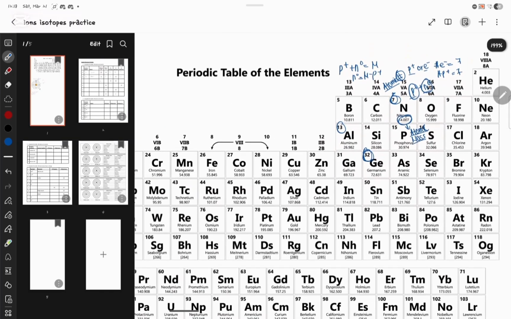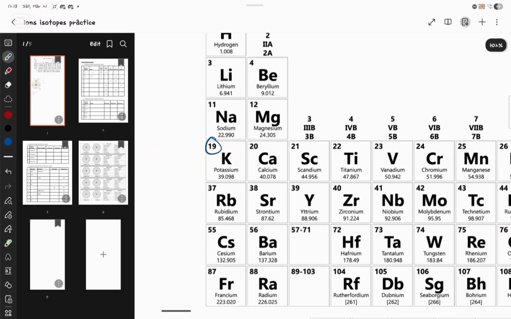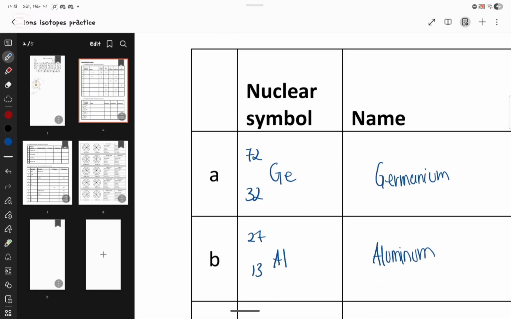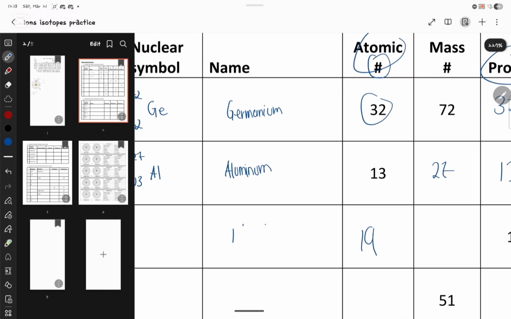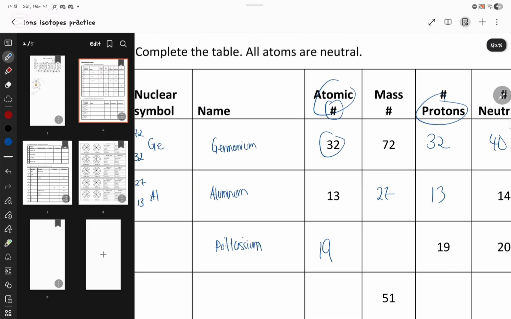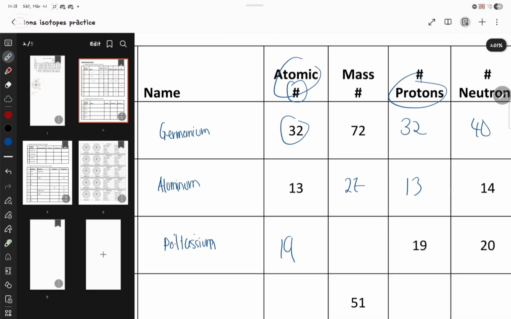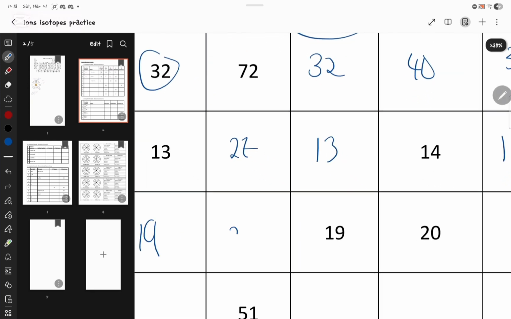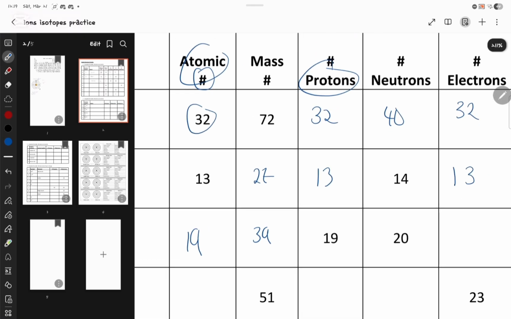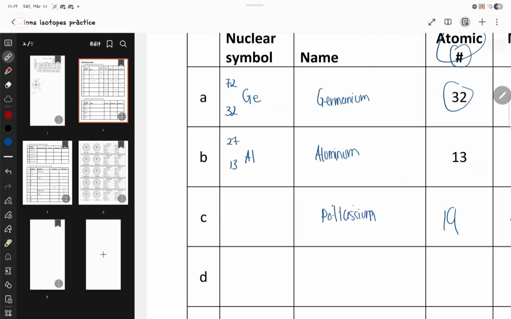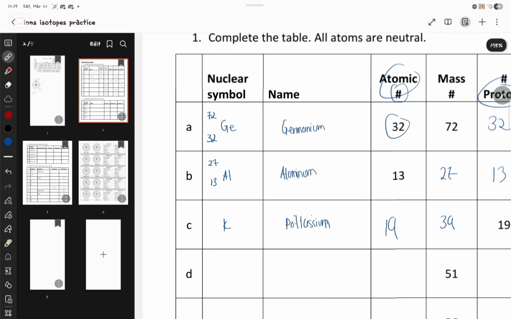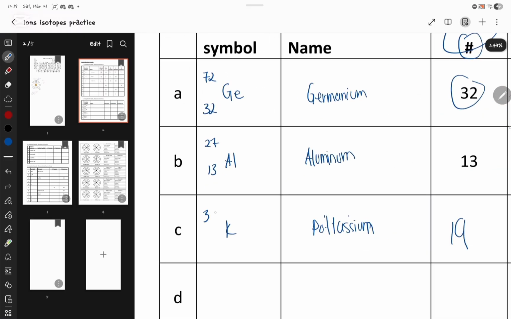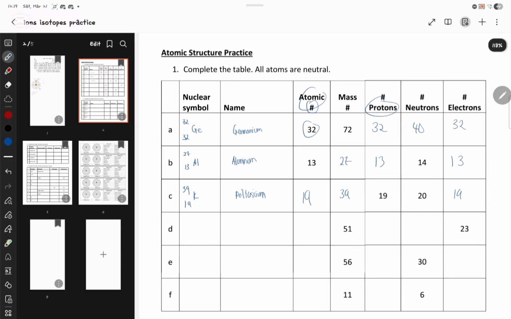Scan for the number 19. 19 is going to be potassium. The mass of potassium is going to be protons plus neutrons, 39. Electrons, same as protons, 19. Potassium, your symbol there, mass on top. The bottom is going to be your number.